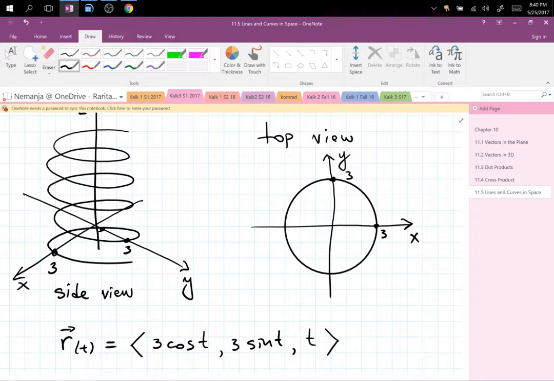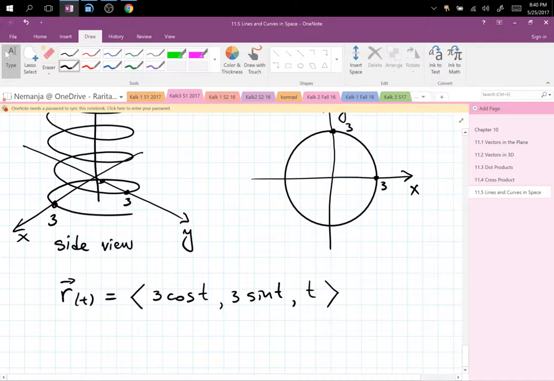I could compress this into a disk and just have 3 cosine t, 3 sine t, and then say at the elevation 2, if I put 2 instead of t, then it becomes just like a coin. There is no verticality to it, because the z component, which is the one that stretches it away from the circle into 3D, is a constant. It's not a function that evolves.